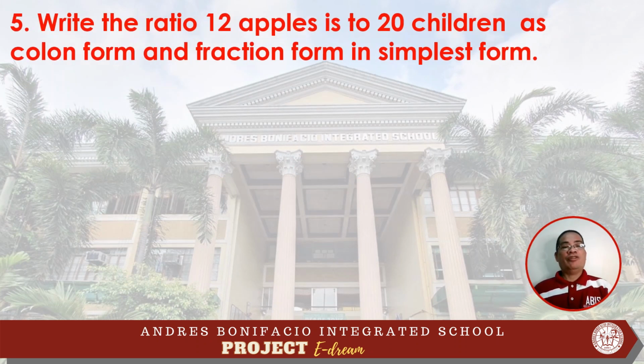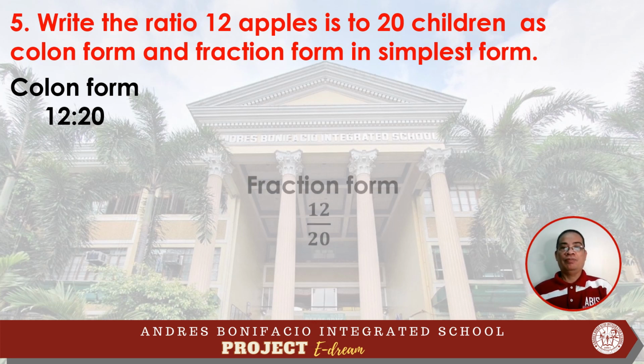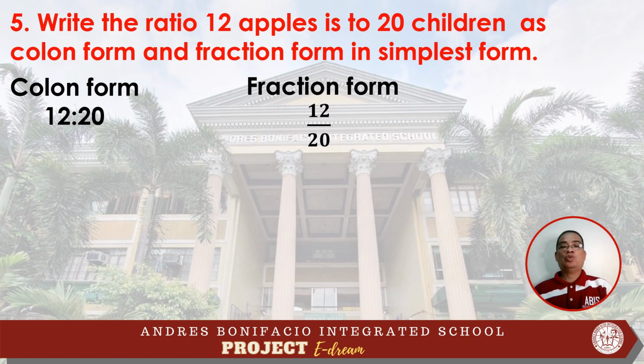For exercise number 5, write the ratio 12 apples is to 20 children in column form and in fraction form, in simplest form. How do you write 12 apples is to 20 children in column form? Very good. 12 is to 20. What about in fraction form? Very good. 12/20.